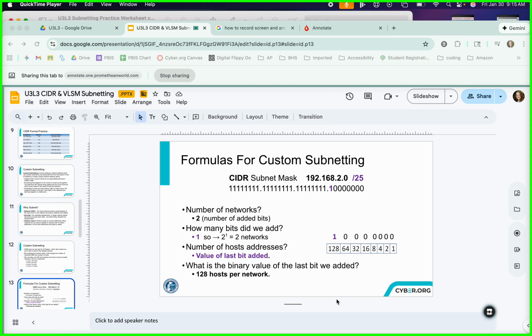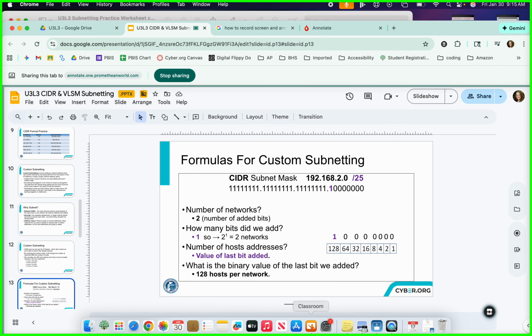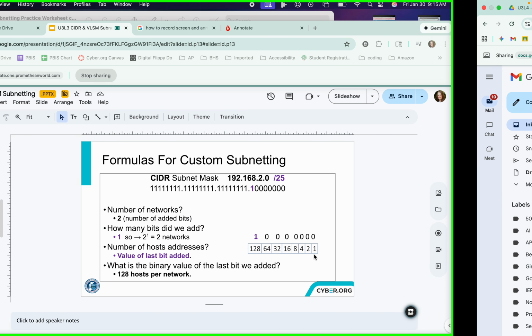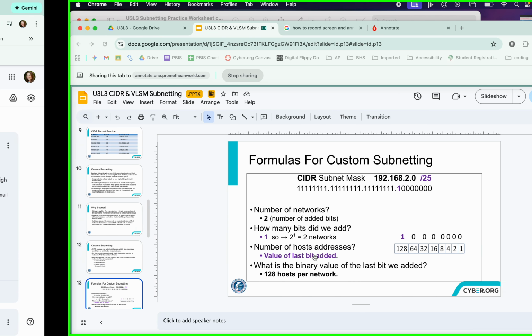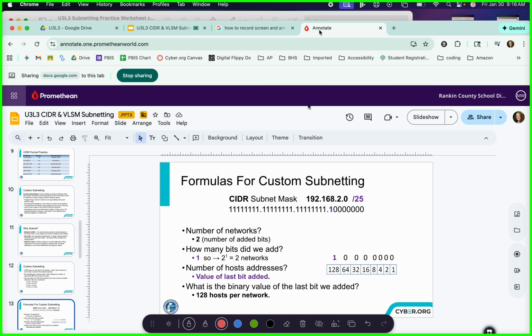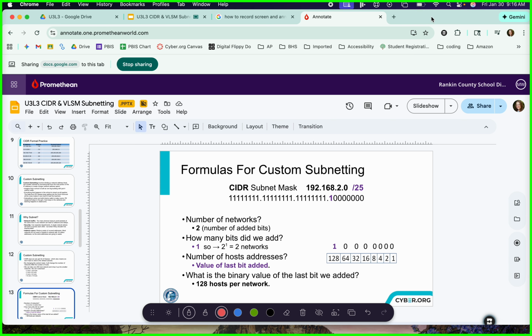Now, in the situation where the CIDR notation is 25, you're going to look at your subnetting cheat sheet, and you're going to see that it is the first number.